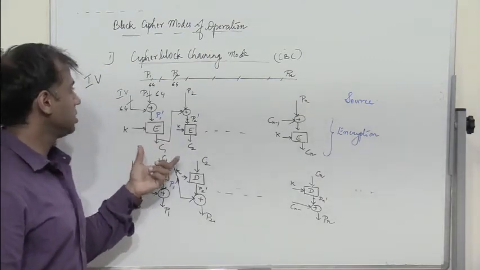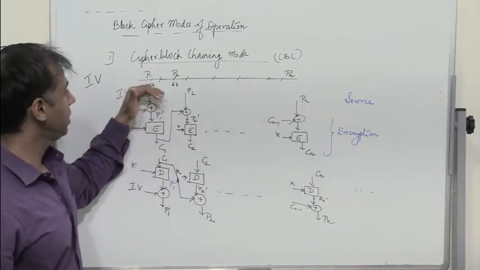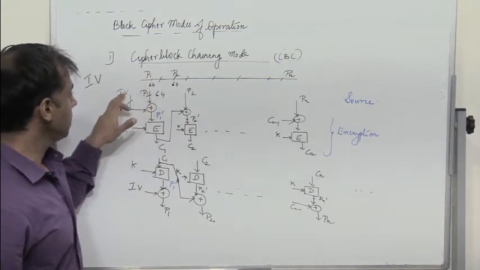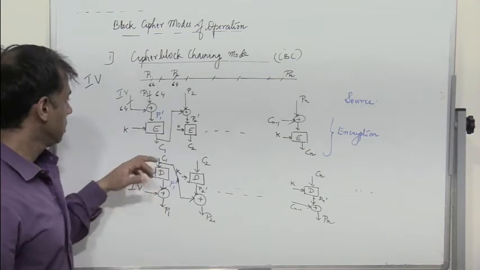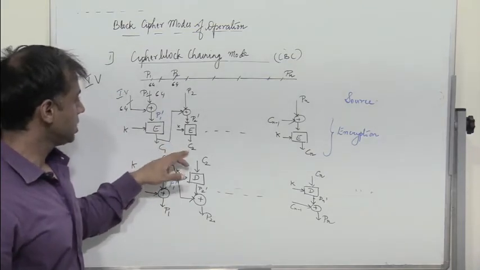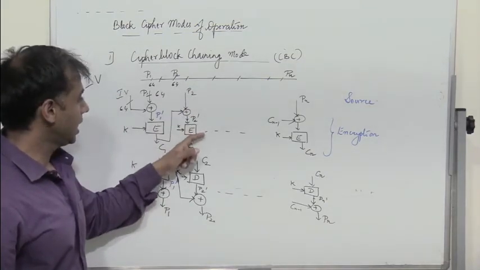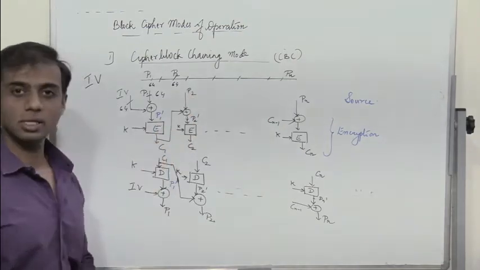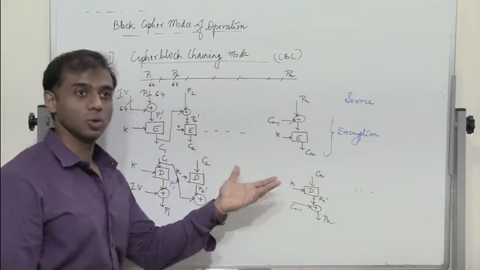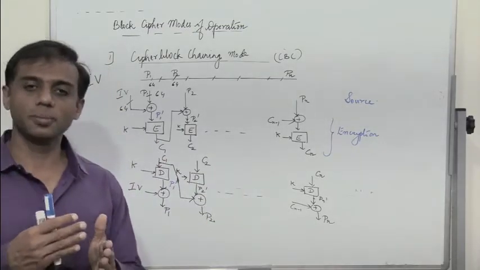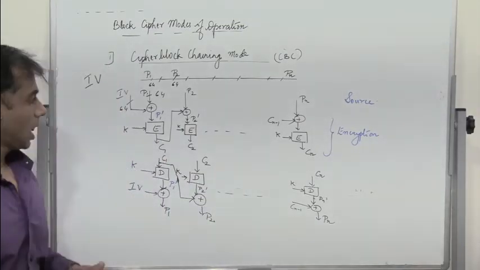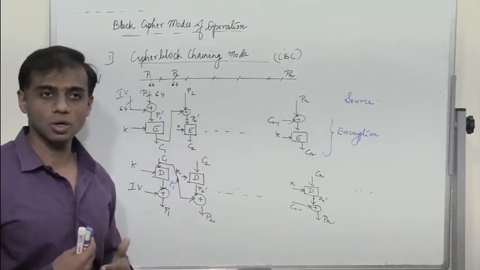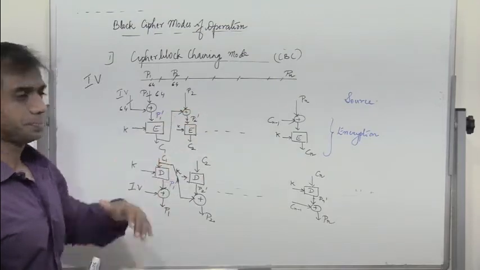Okay, so C1 is not directly dependent on P1 but is dependent on P1 and IV, right? So now to get C2, we are not directly encrypting P2 but we are encrypting P2 XOR with C1. So I get C2 and so on. So even if blocks of 64 bits repeat in the plain text, I would have different ciphertext blocks because of the process of XOR which happens at the input.